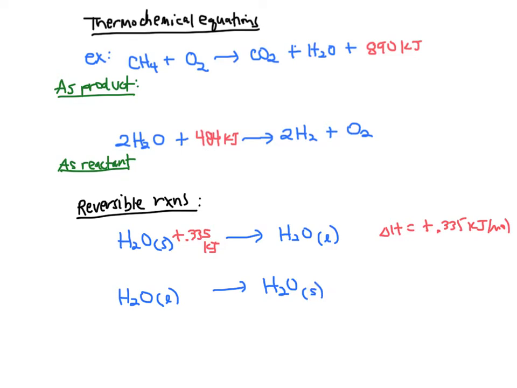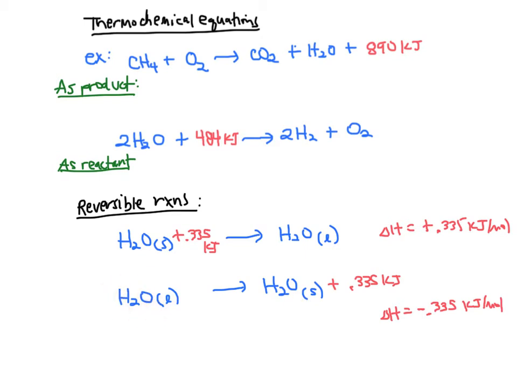You don't add energy to liquid water to make it freeze, you remove energy. So energy is actually lost from the system. So you would write the enthalpy into the reaction as a product. Or if you were going to write it off to the side, you would say that you are removing 0.335 kilojoules per mole of energy to make 1 mole of liquid water freeze.